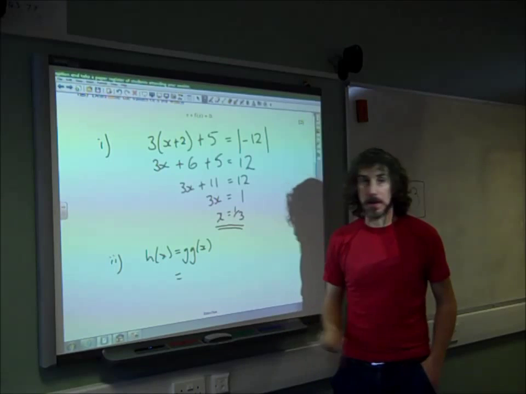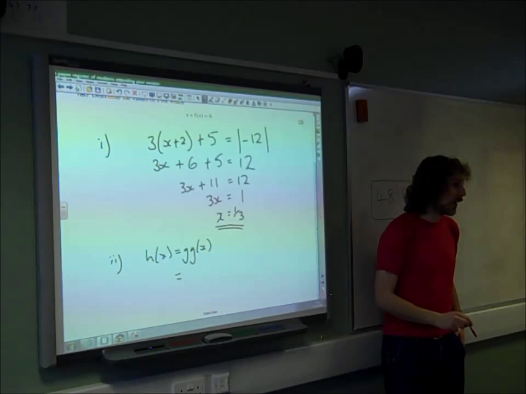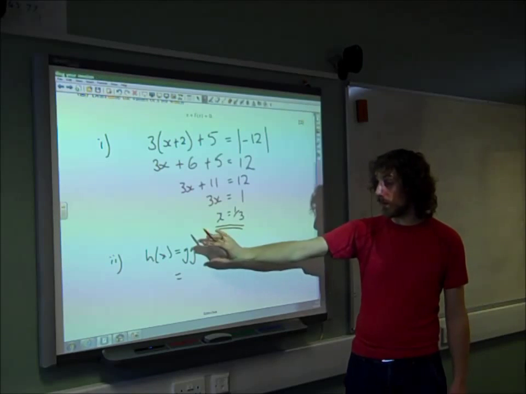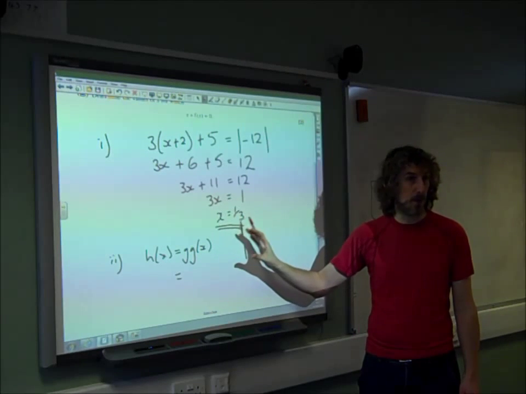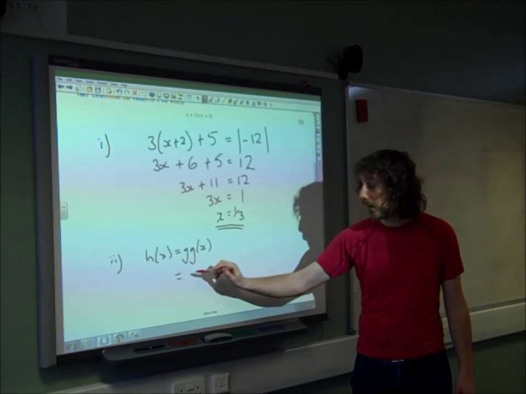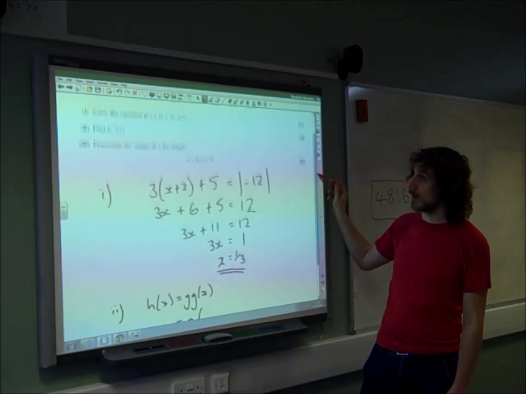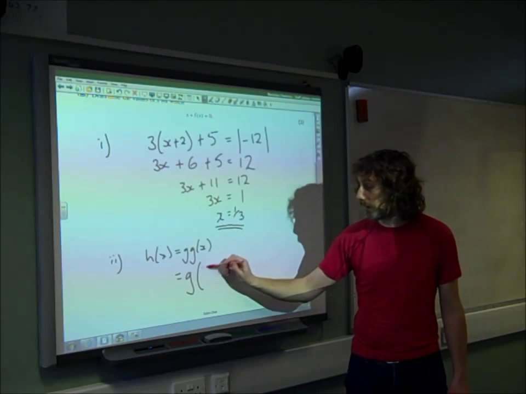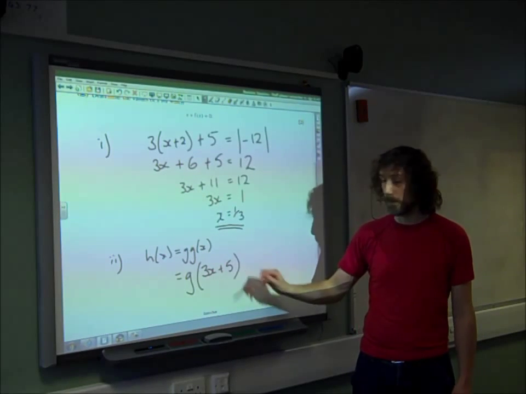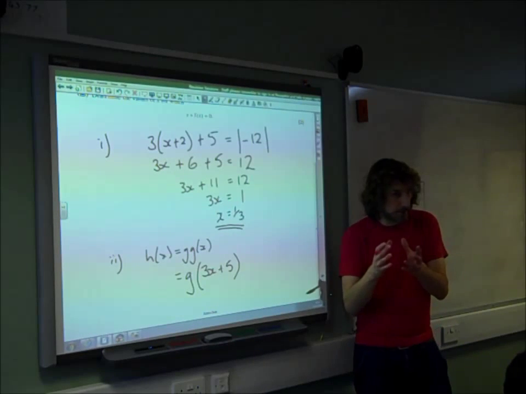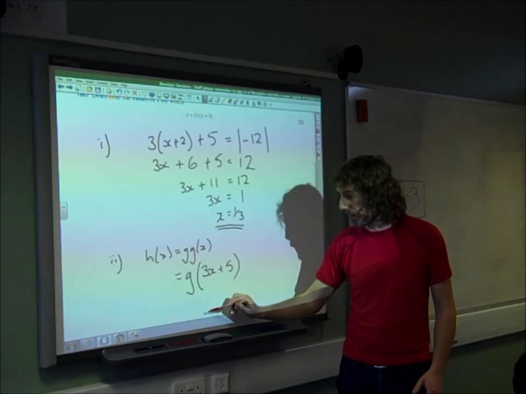Is this. Now this is this bit about composite functions. And actually it doesn't matter because it's the same letter. But what this means is you do the right one first, and you work from right to left. So this is g of x, and g of x was 3x plus 5. So it's g of 3x plus 5. And that means now our input into function g is 3x plus 5.